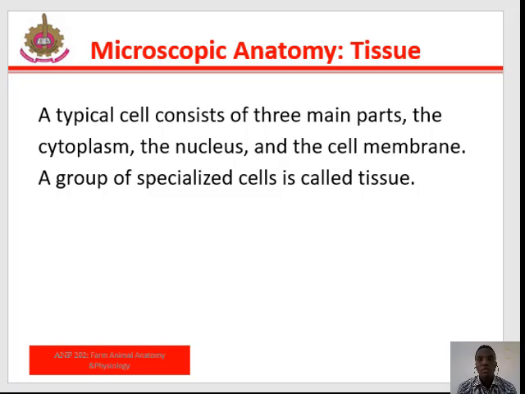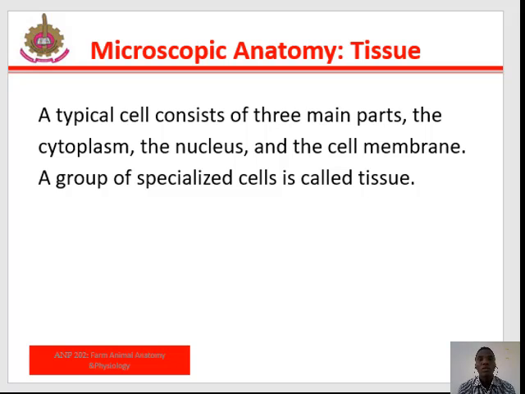A typical cell consists of three main parts. We have the cytoplasm, the nucleus, and the cell membrane. A group of specialized cells is called tissue. For example, cells that specialize in conducting impulses make up nerve tissue. Cells that specialize in holding structures together make up connective tissues.